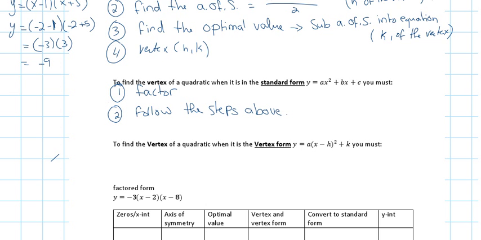So now we figured out how to find the vertex from the factored form and from the standard form. If I want to find the vertex from the vertex form, what do I need to do? h and k, right? That's it. You're done. So it's h and k, and that's your vertex.